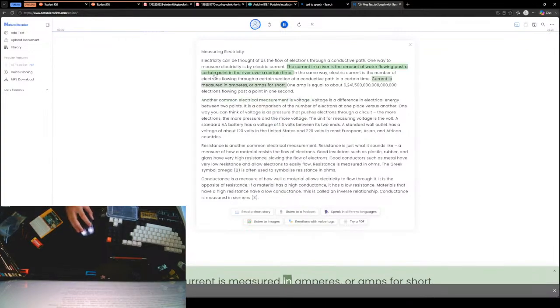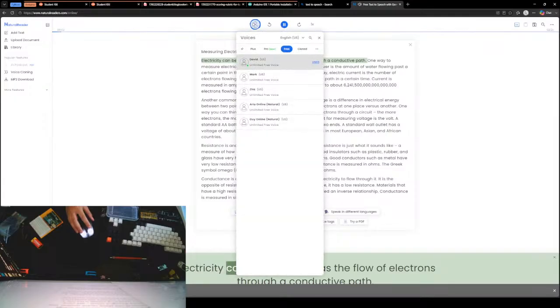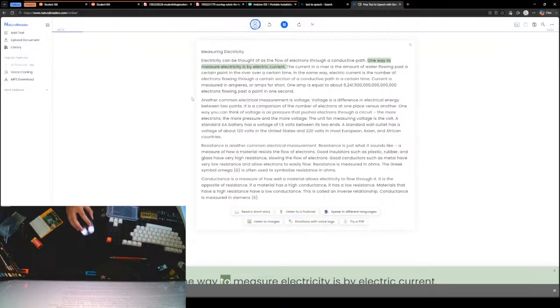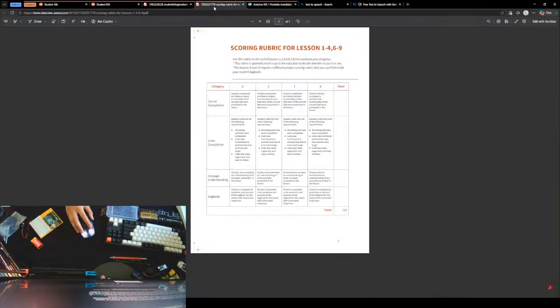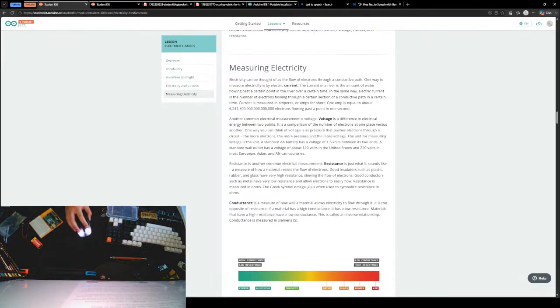Current is measured in amperes. Electricity can be thought of as the flow of electrons through a conductive path. One way to measure electricity is by electric current. The current in a river is the amount of water flowing past a certain point in the river over a certain time.